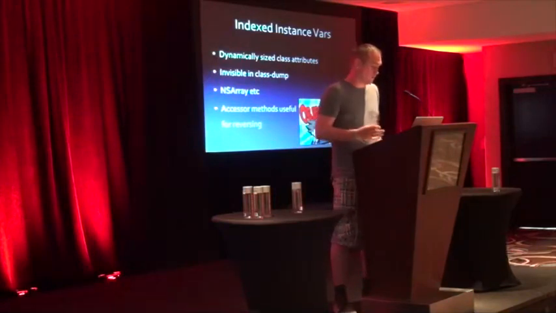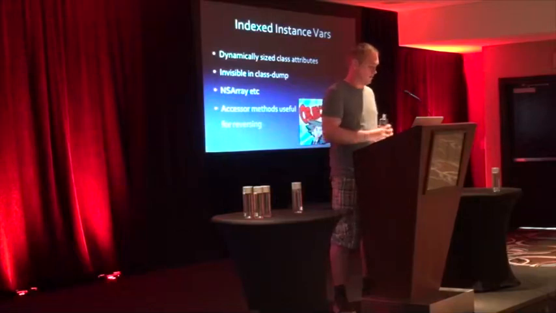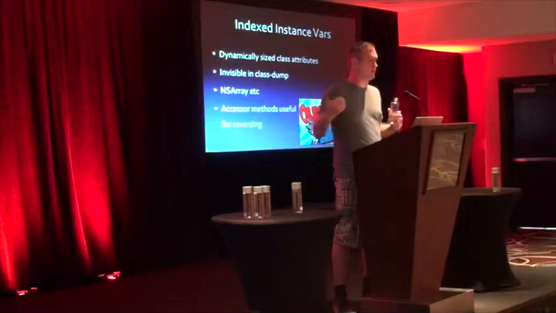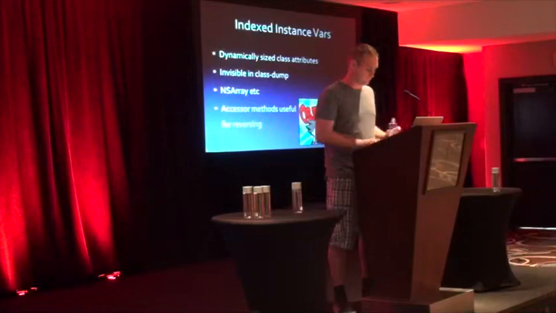The only way I've seen to figure out what they are is to look at the accessor functions for that area. It's nice because Objective-C has a lot of metadata, so accessor methods are all named. If you see something like get serial information, and that function just indexes 20 into the struct where there shouldn't be anything, and pulls something out and uses it, you know what that variable is.